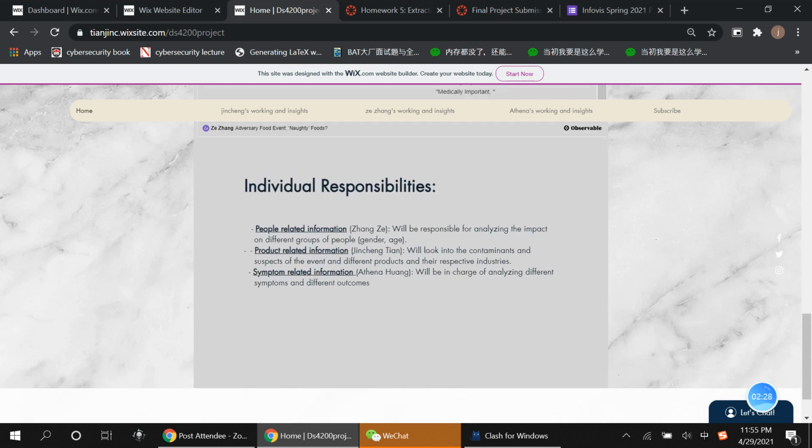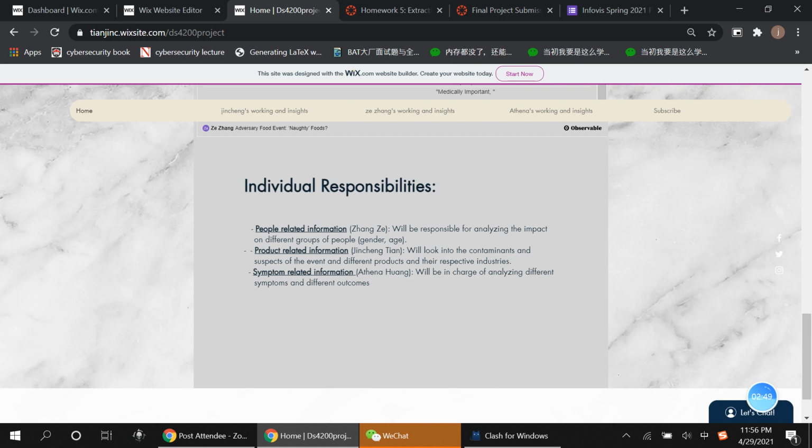And we separate the project into three different branches. Z is going to take the part of people-related information, analyzing the impact on different groups of people, for example gender and age.